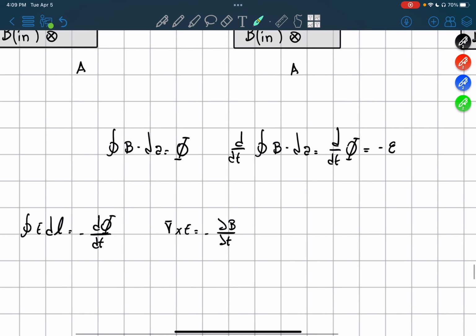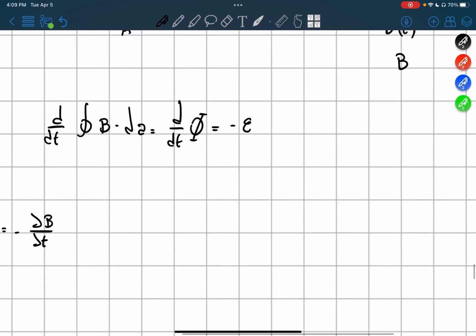And a change in the flux over time induces a change in current or EMF. So here will be equal to, this is proper notation, negative d flux over dt. That is the answer to our whole first section of this chapter, to be honest, and most of the chapters anyway.